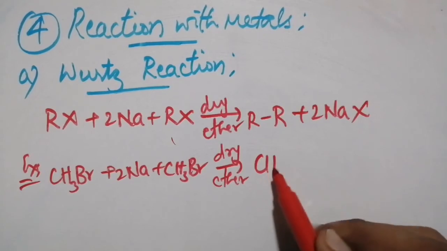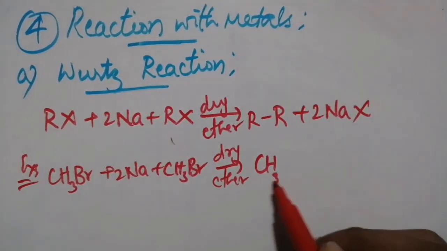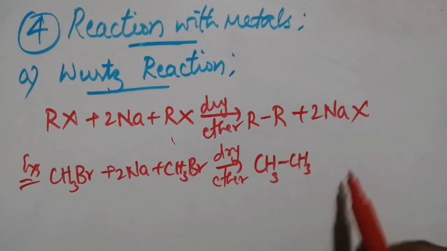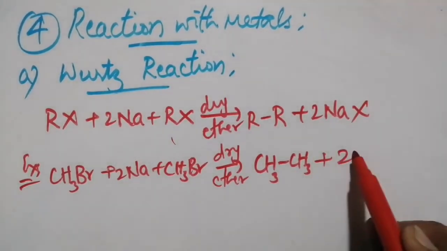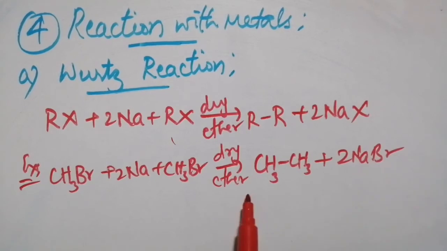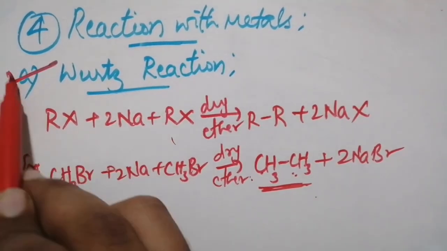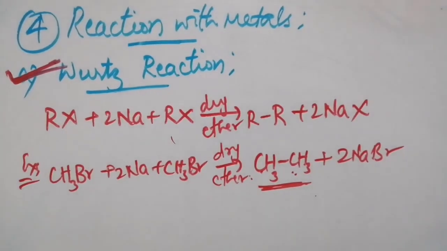I am getting a higher hydrocarbon chain, CH3-CH3, plus 2NaBr. This is ethane, 2 carbon, so it is ethane. This is Wurtz reaction, which is very important.